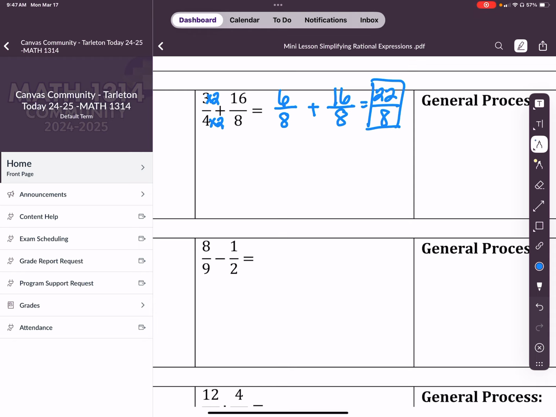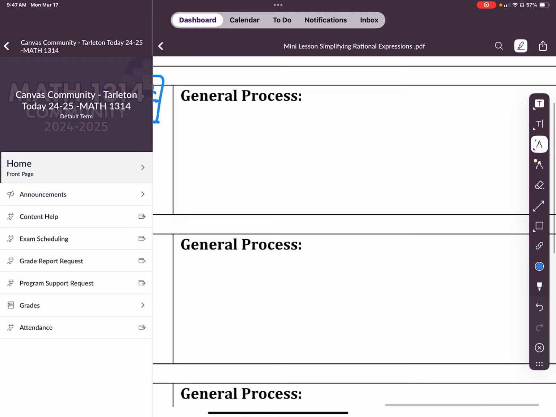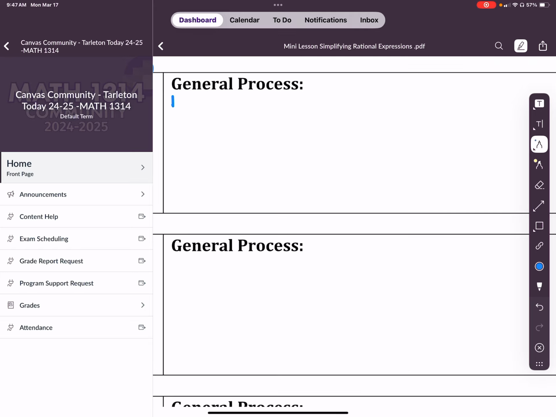Okay, so the general process over here. The first thing, we're going to find a common denominator. If they already have a common denominator, you get to skip this step. But make sure they have a common denominator.